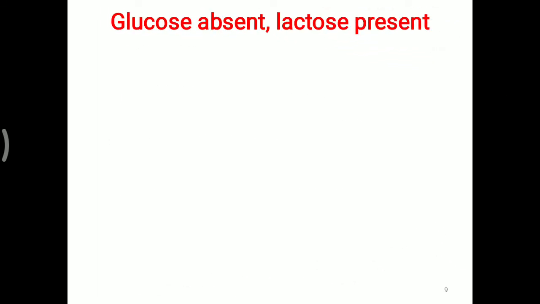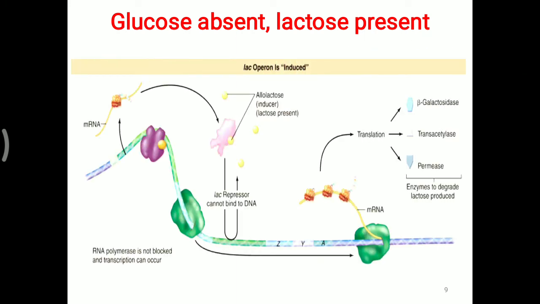That is explained in this picture. Glucose is not present and lactose is introduced or present in the cell. So what happens? The repressor gene produces the repressor molecule, but when lactose is present, it will attach over the repressor molecule.